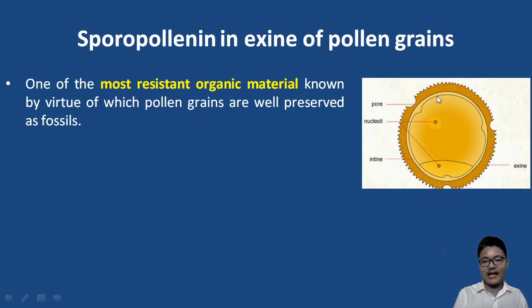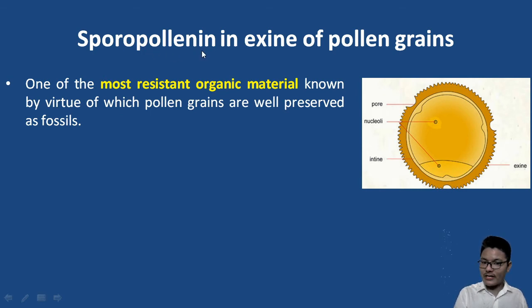So the exine has one of the most resistant organic materials on earth, and because of the sporopollenin, pollen grains can survive for thousands of years. These are also found as fossils preserved in the earth's crust because of the sporopollenin material.